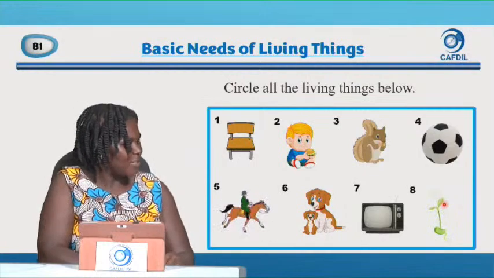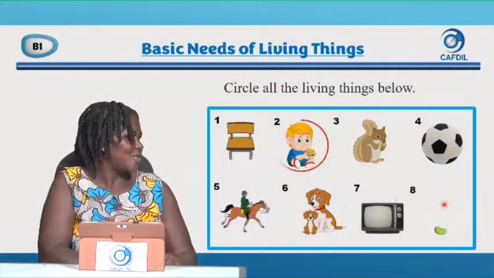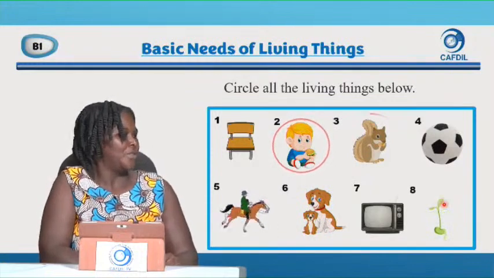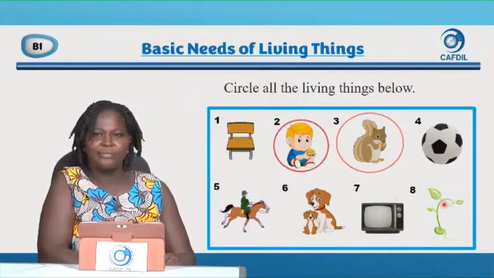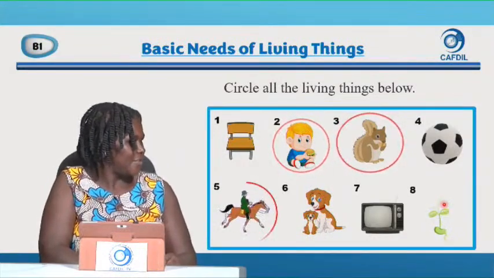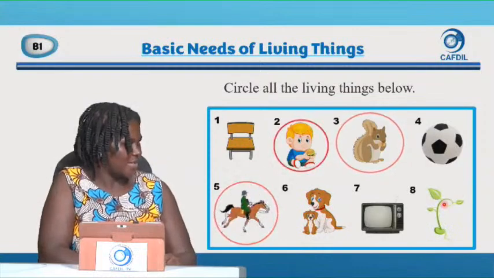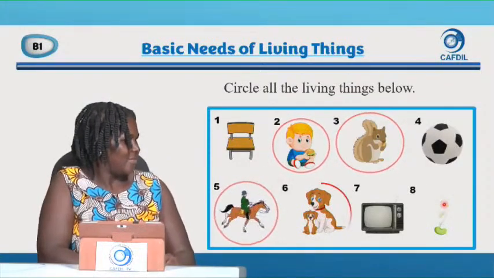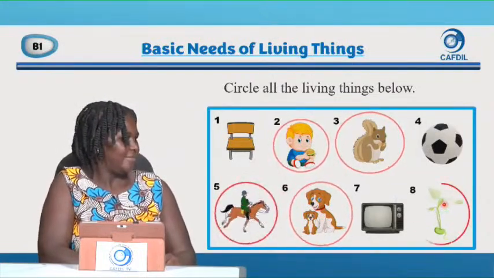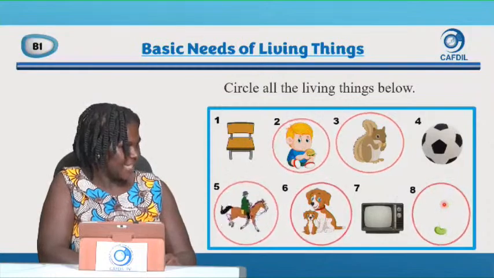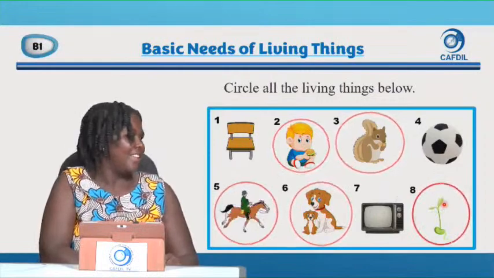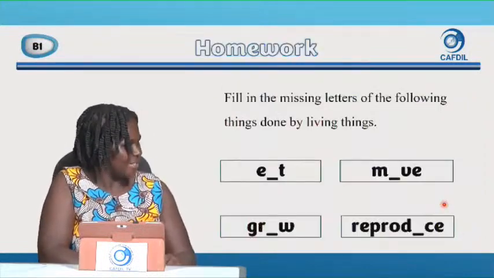We have the baby, number 2. We have the squirrel, number 3. And then we have a man sitting on the horse. Yes, the dog's there. And then the plants. So these are living things. Good.